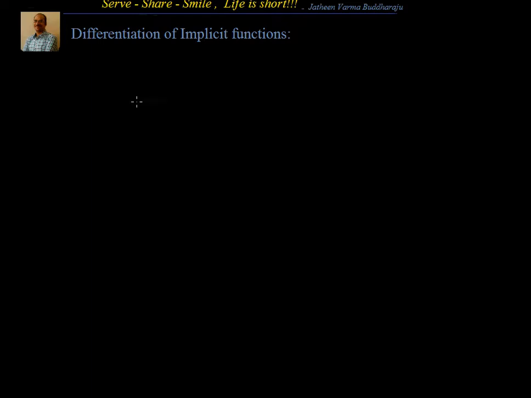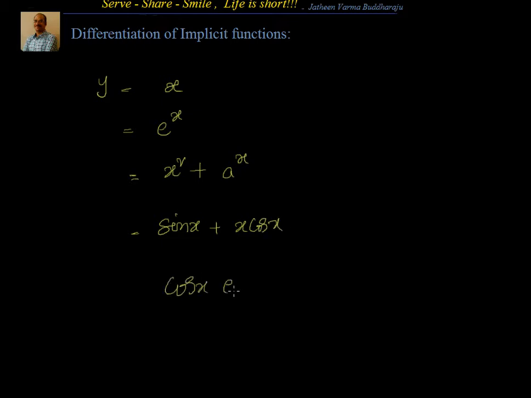Till now, whatever functions we have seen are like one of these. We have y equal to x, or y equal to e power x, or x square plus a power x, or sin x plus x cos x, or cos x into e power x.